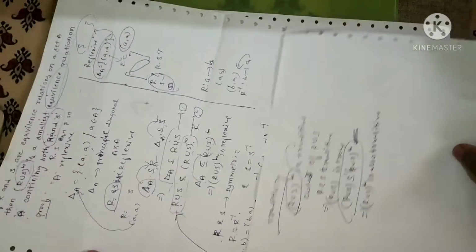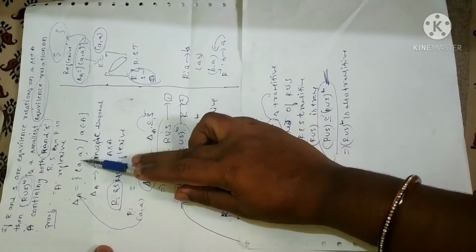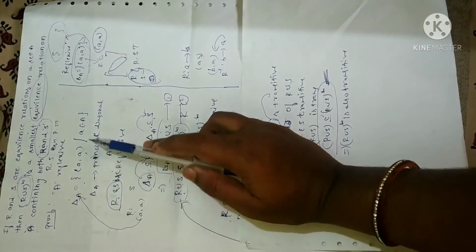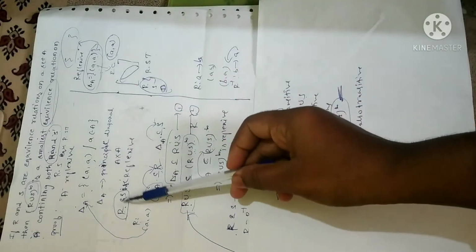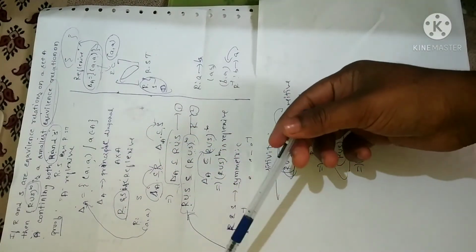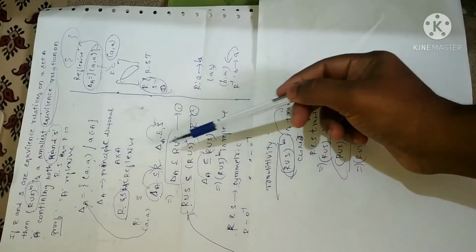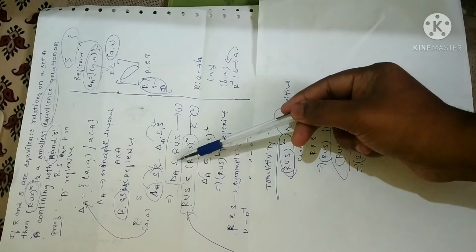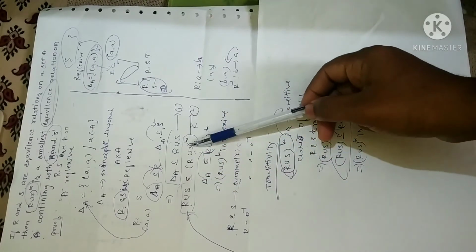Hope it is clear. If you want, I'll just recollect the concept. If it is reflexive, the elements A, A should be in the given relation. In the given theorem itself, it is given R and S are reflexive. So, what we have to prove is R union S whole infinity is also reflexive. If R and S are reflexive, their union is also reflexive. Moreover, R union S is a subset of R union S whole infinity, that is the connectivity relation.